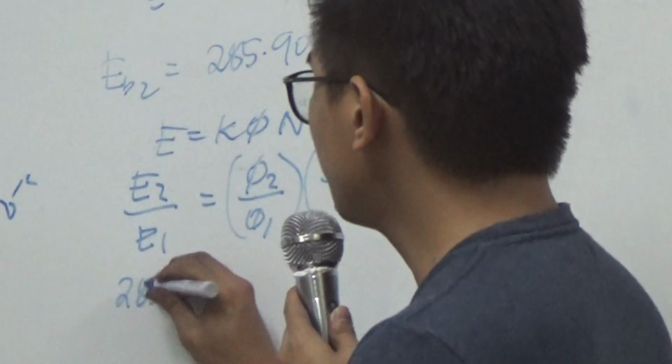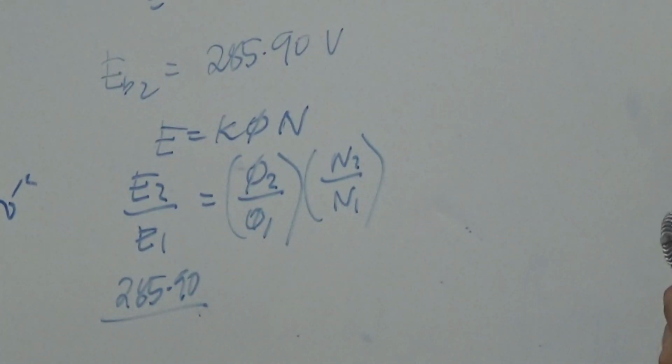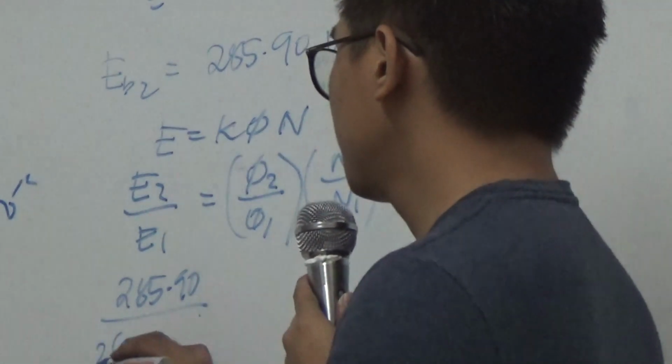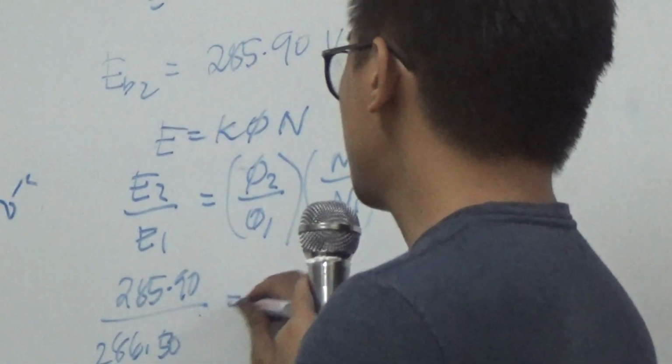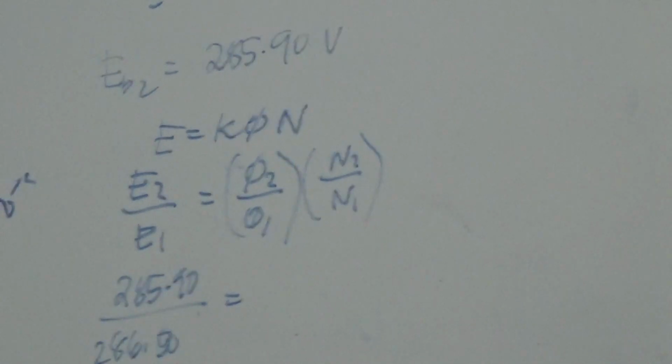So 285.9 divided by 286.5 is equals to flux 2. May flux 2 na ba? Sabi natin, flux 2 is directly proportional to IS.